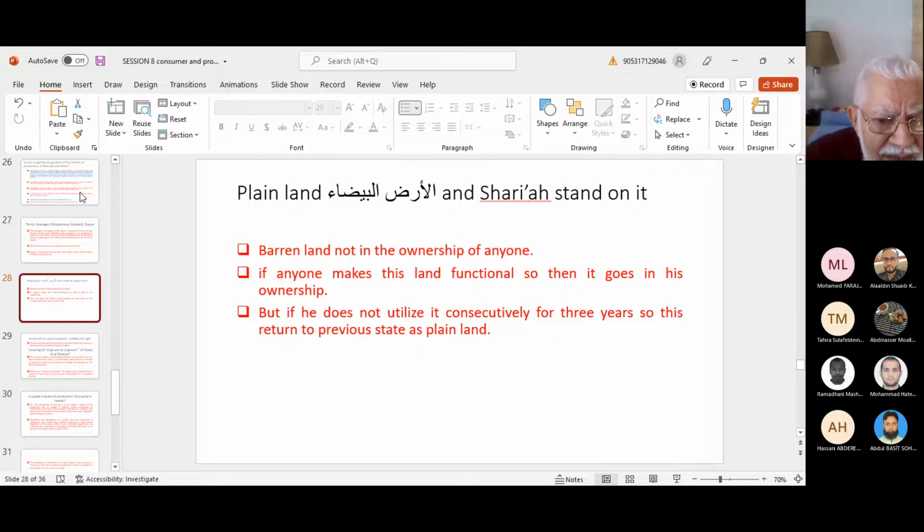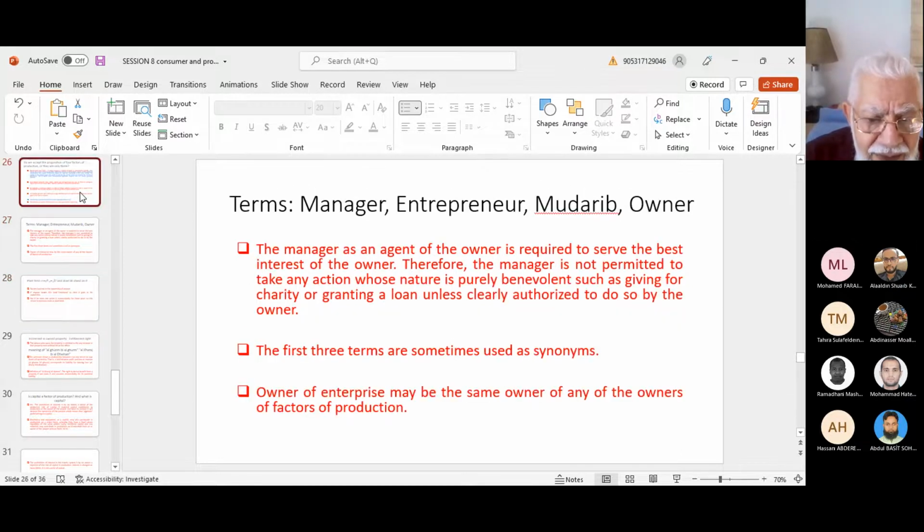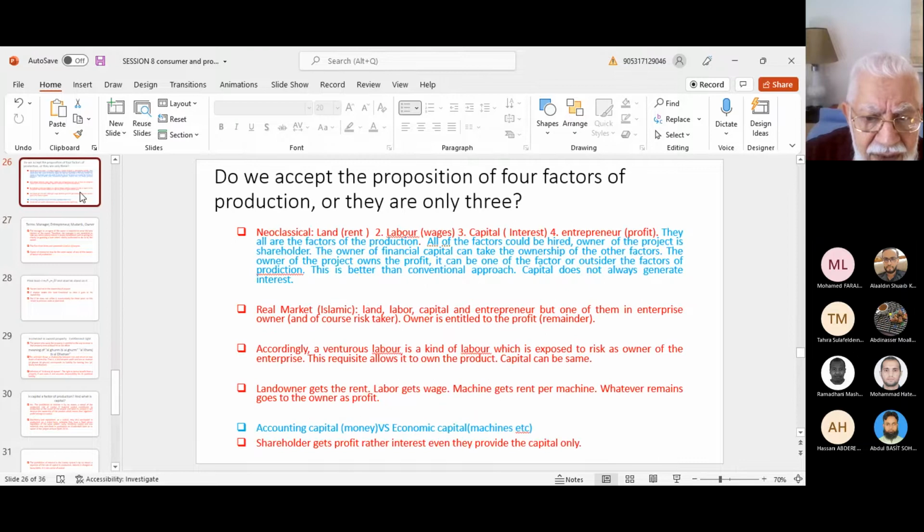Even in the Western economies today, capitalist or quasi-socialist in Europe, the owner of capital, of economic capital, does not deserve interest, definitely. And when we talk about the factors of production, we talk about economic capital, not financial capital.